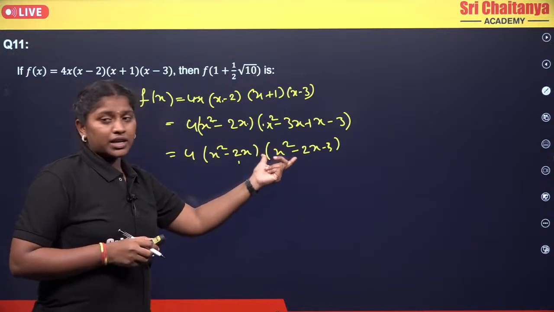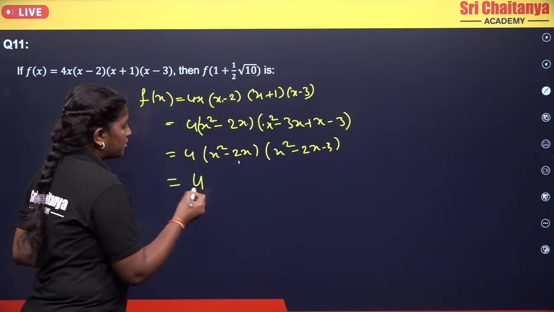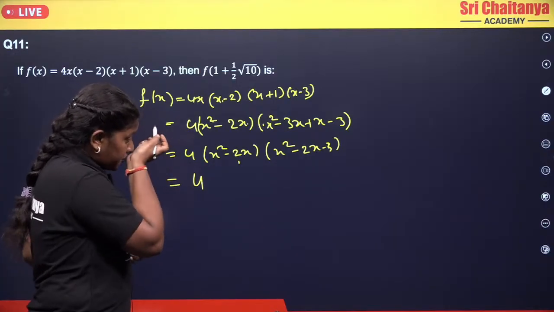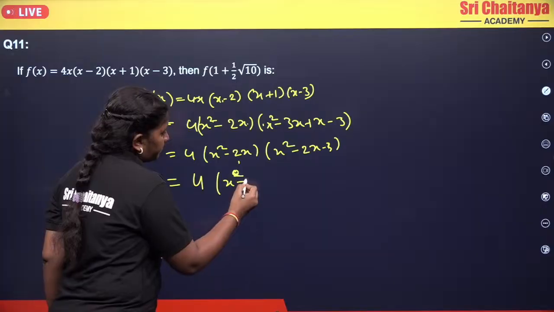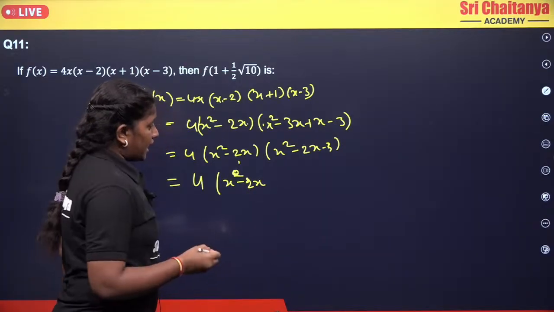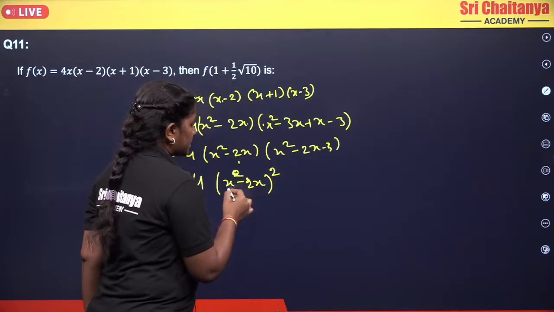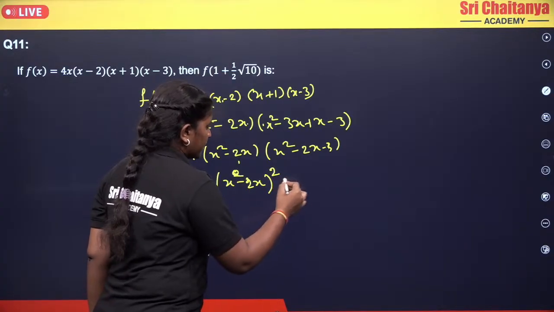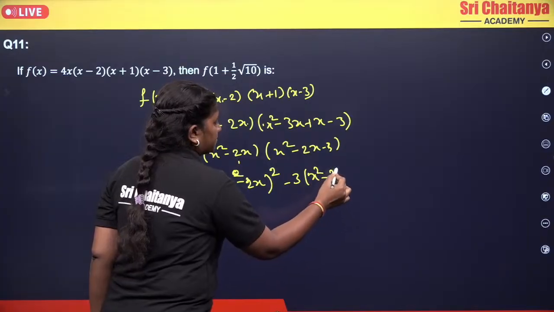So we will have our 4 common, and then we will have x square minus 2x. Okay. And if you take common, you will get x square minus 2x whole square minus 3 into x square minus 2x.